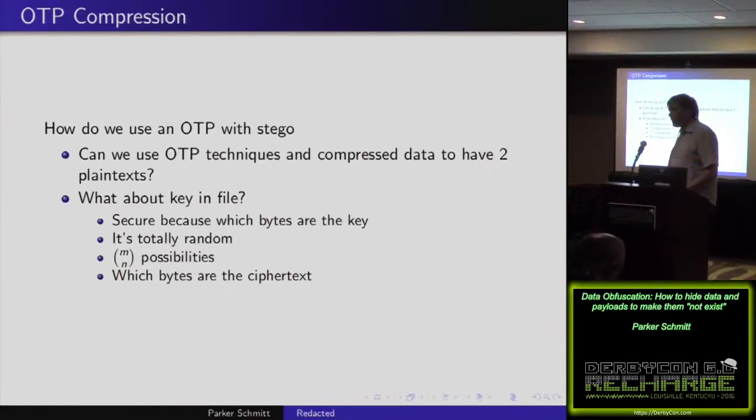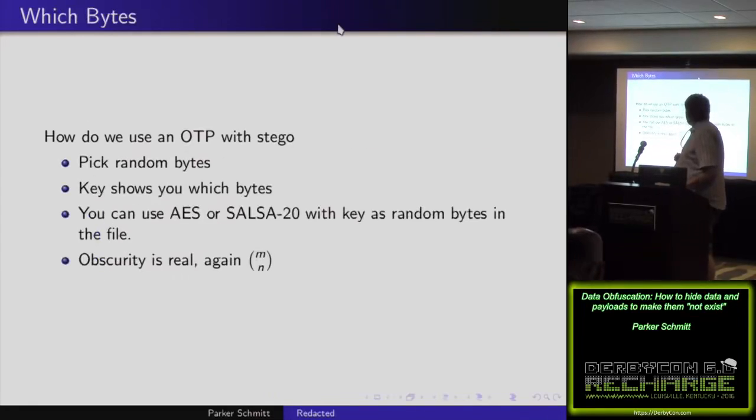But now we want to design the OTP to actually create Stego. So if we want to store a key in a file, because we want to decrypt it from that file, if you have n bytes in the file that are your key, and you want to know how to find it, if someone just gives you the file, hey, there's an encryption key in here. Where is it?